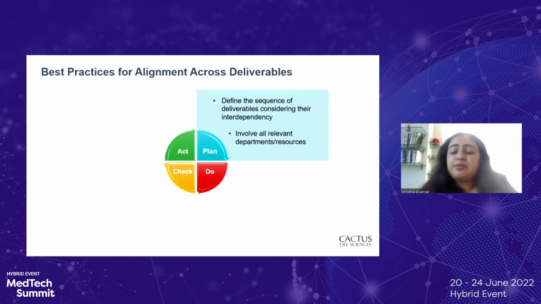Secondly, we need to plan to involve all the relevant departments, at least at the approval stage, if not right from the beginning. I think it's best to involve everybody once at the beginning and once towards the end. It works most efficiently that way, so we are all aligned on what everybody is doing and how we're proceeding. Involving all relevant departments and resources is a very important point here.